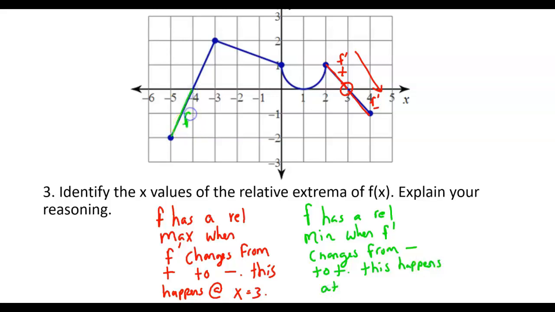Right now, on that interval, f prime is negative, and on this interval up here, f prime is positive. So at -4, as we move from below to above the x-axis, f prime is changing from negative to positive, and so that would be the relative minimum at x equals negative 4. Okay, so that's how you can find your relative extrema.